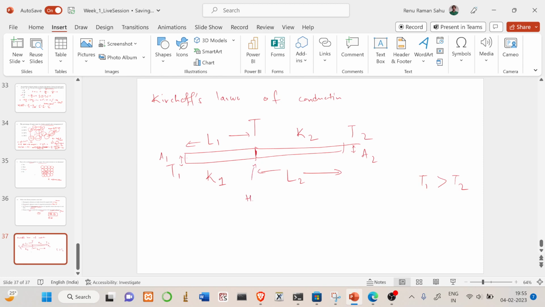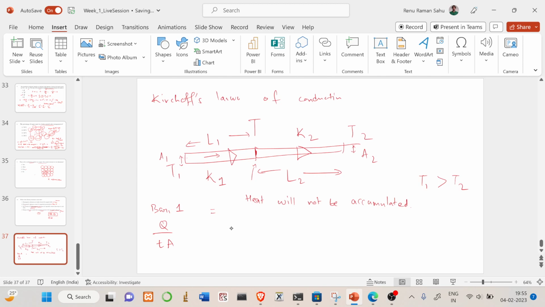Heat is flowing. Now you see the heat passing per unit area per unit time in this bar 1 will have to be the same as in the other bar, since the heat is going through.